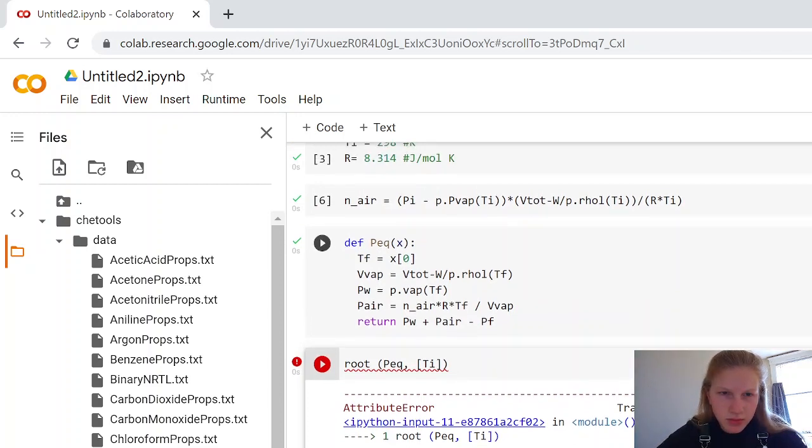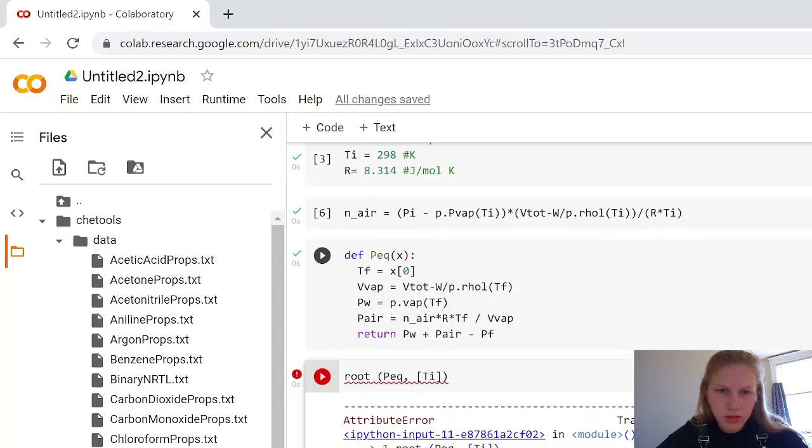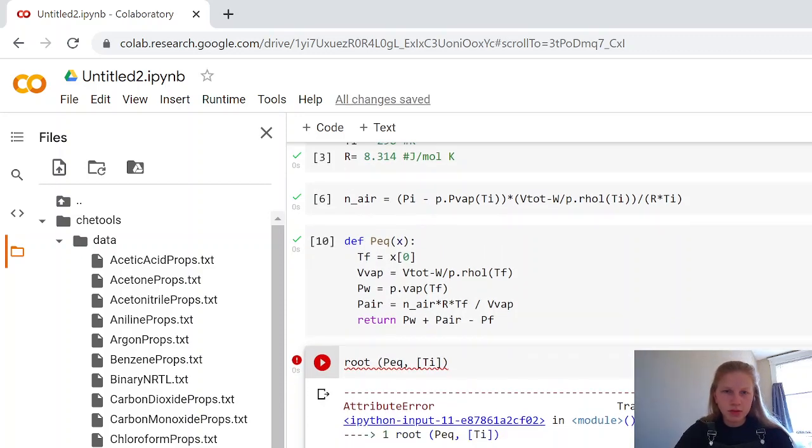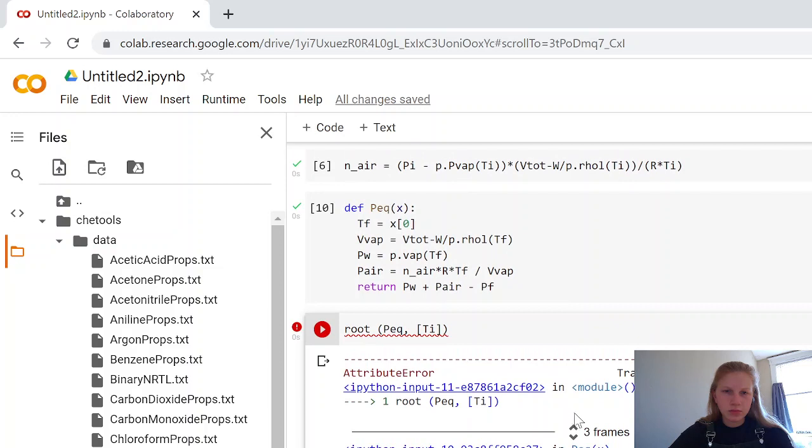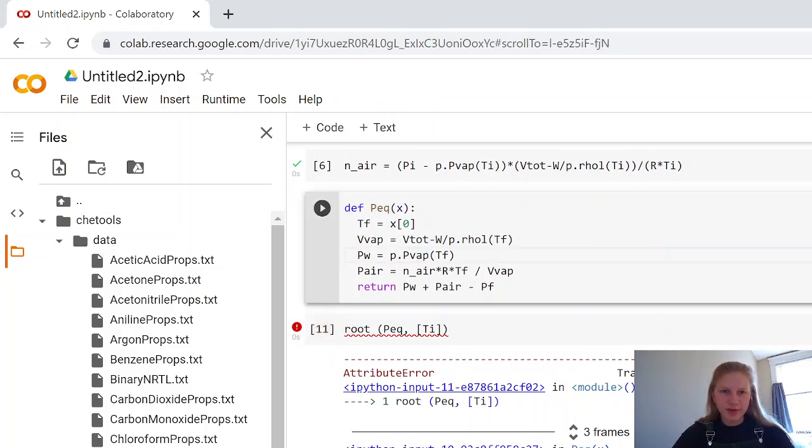There's no VAP. Oh, I forgot to put a P here. The pressure in the vapor phase. Sorry, not just VAP. Okay, maybe that'll work.